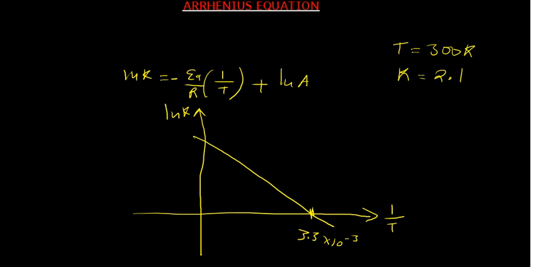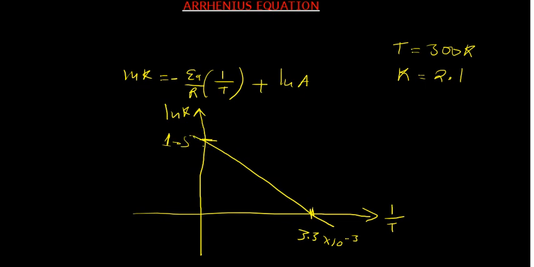So if we take the natural log of 2.1, what are we going to get? Let's just say it is 1.5, because this is the y-intercept. We would need the collision frequency and the steric factor.